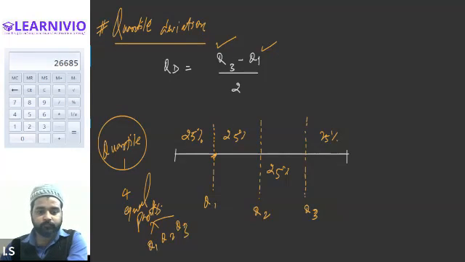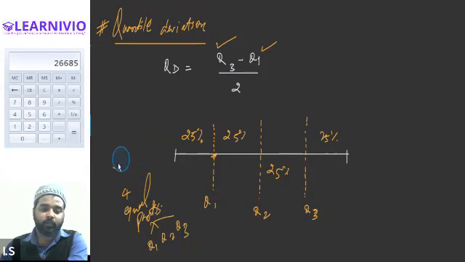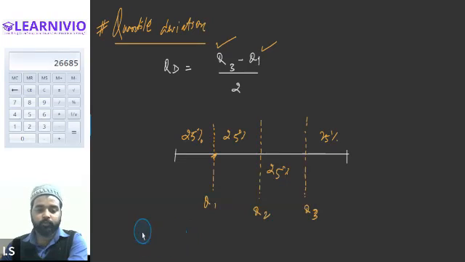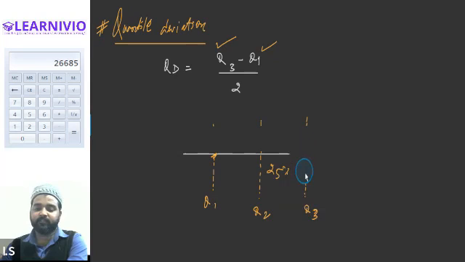So I hope it is clear that quartiles are 3 values which are collectively called quartiles. Quartiles basically divide the series into how many parts? Into 4 equal parts. So right now we won't be discussing anything more about quartile, otherwise it will be a lengthy process and it will basically confuse you.